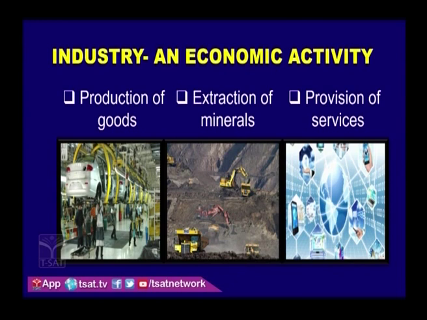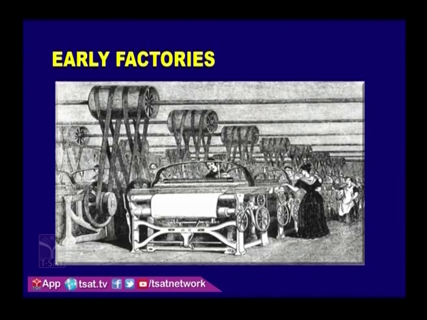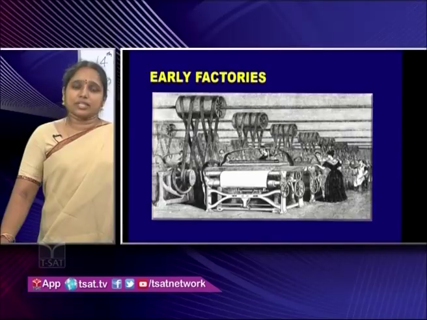While speaking about industries, I would like to mention the textile industry, because that was the earliest industry established ever. The textile industry was the first ever industry established. So let's listen to its story.